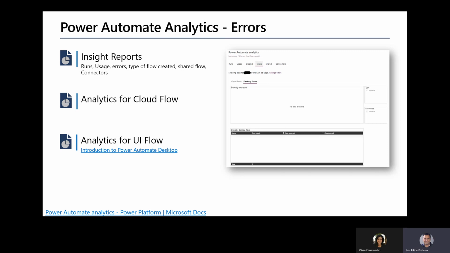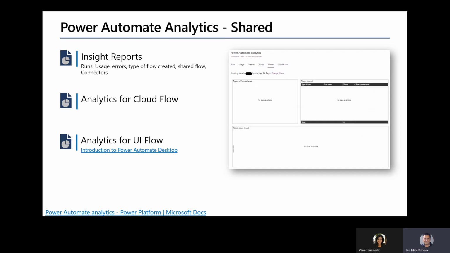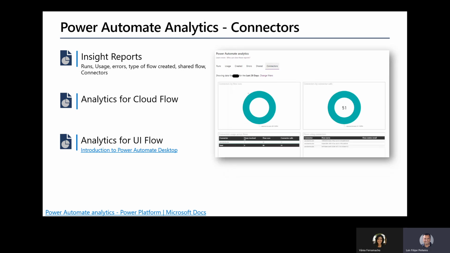And moving forward, we go to the shared report, which provides details about the flows shared and the trend in the environment. To finally go to the connectors report, which is also a very important report, which provides details on connectors and their associated flows.